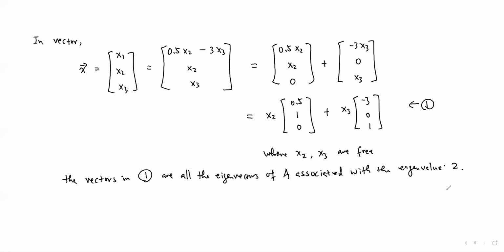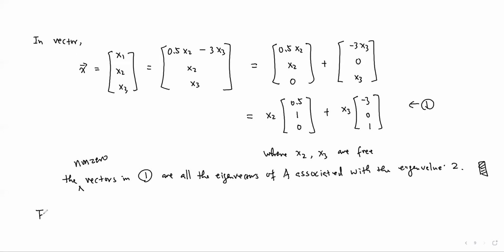Of course, because an eigenvector cannot be 0, you cannot assign 0 to both x2 and x3, otherwise the solution is 0. So let me emphasize: the non-zero vectors in equation 1 are all eigenvectors. Done. This is the solution to part B.